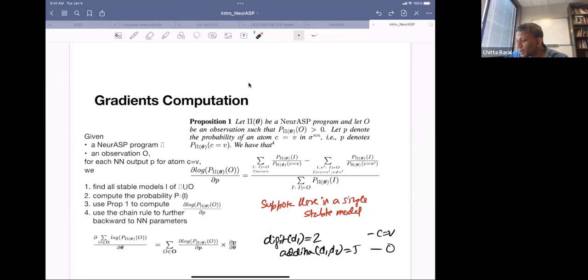While in the bottom part, it's saying look for all the answer sets where digit D1 is 2. There will be 10 such answer sets because the digit D2 can have 10 values, 0 to 9. So there will be 10 answer sets over which you'll add the probability here. There will be exactly one answer set where you have the probability here.